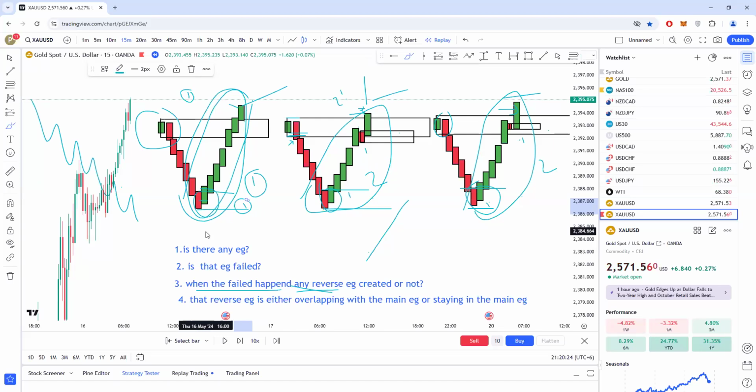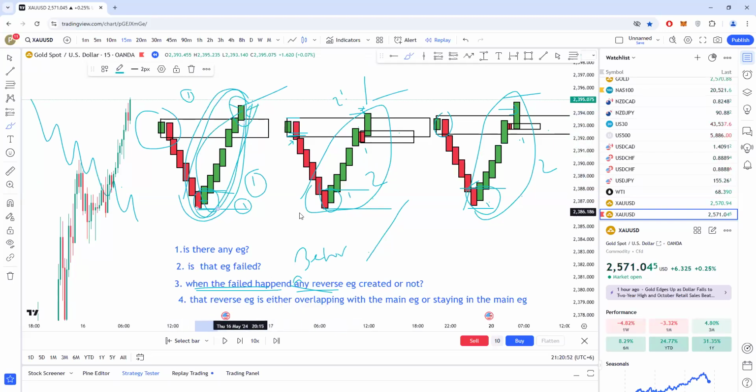We mean after the fail. The fail is up or not? When the fail happens, when this fail is done, there is a fail. As a teaching language, there should be a "before." Okay, before. When the fail is done, any reverse easy is created before it.